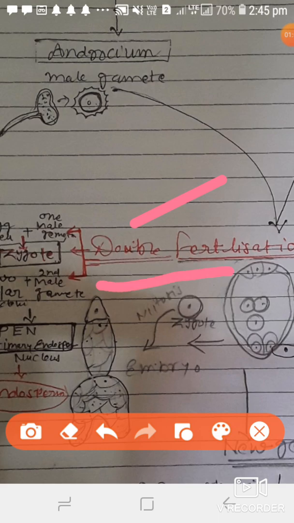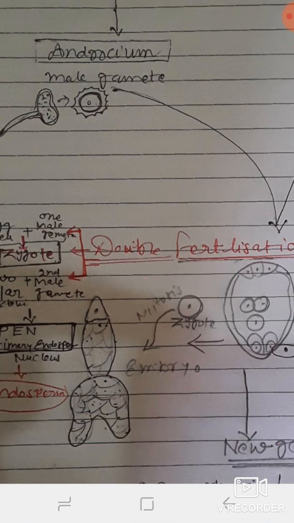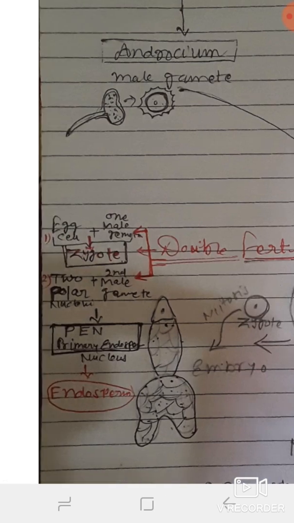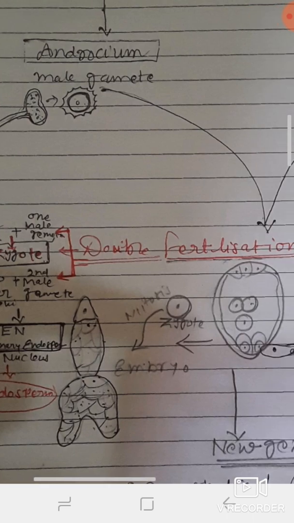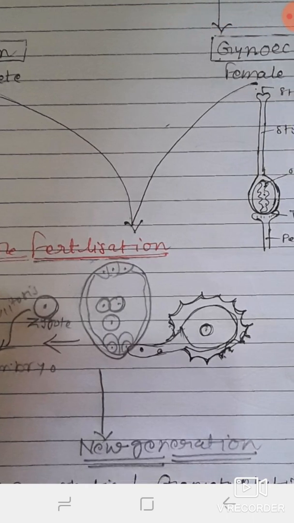When pollen gets mature and produces two male nuclei, two fertilizations occur. One is with the polar nuclei, which forms the triploid condition and forms endosperm. The second is the egg cell and the second male gamete fusing together to form the zygote.